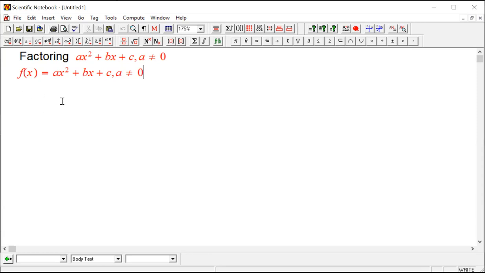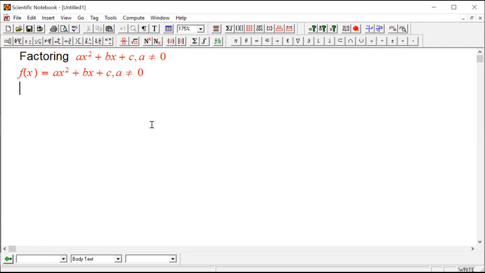The fundamental theorem of algebra says that any polynomial with real number coefficients or complex number coefficients can be factored into n factors if the degree is n. So for that reason, we can factor this quadratic form into factors. Now the question is how, right?